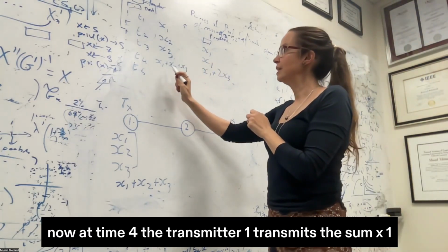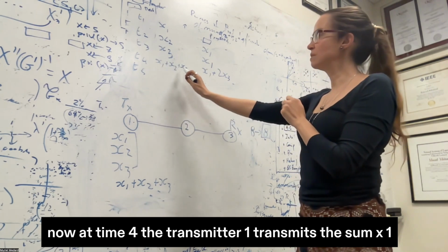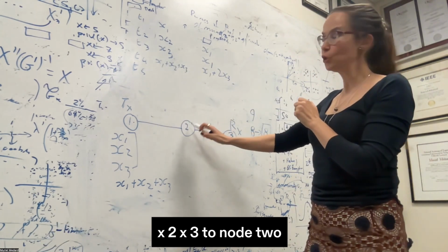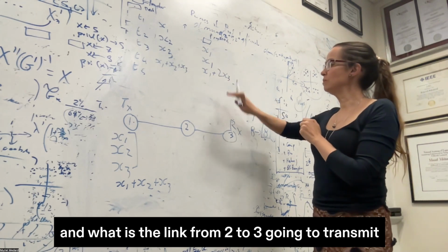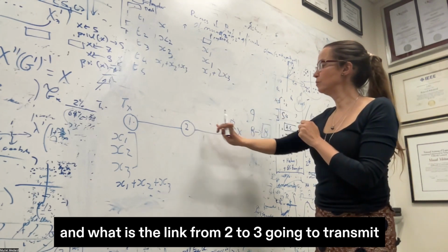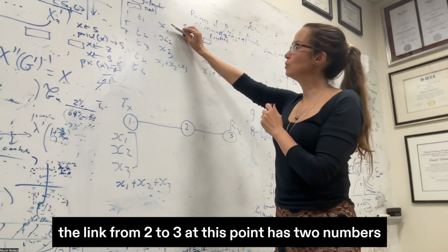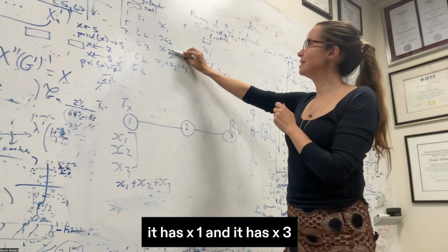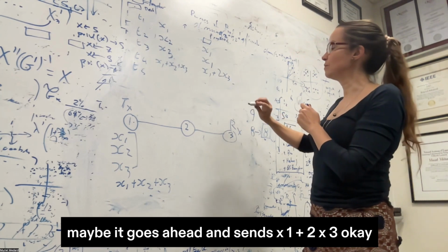Now, at time 4, the transmitter 1 transmits the sum x1 plus x2 plus x3 to node 2. And what is the link from 2 to 3 going to transmit? Well, the link from 2 to 3 at this point has 2 numbers. It has x1 and it has x3. Maybe it goes ahead and sends x1 plus 2x3.